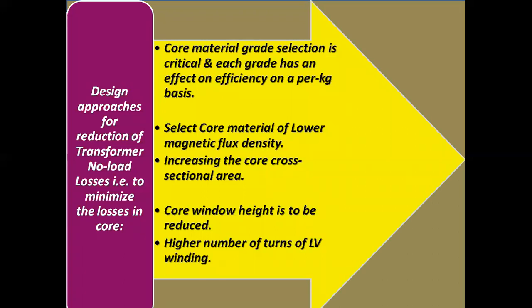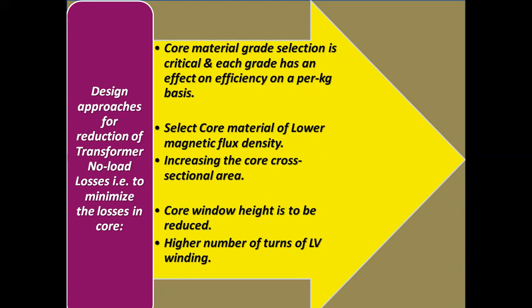Design approaches for reduction of transformer no load losses, that is, to minimize the losses in the core. Number 1, core material grade selection is critical, and each grade has an effect on efficiency on a per kg basis.